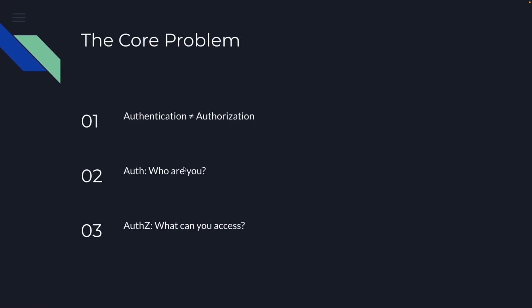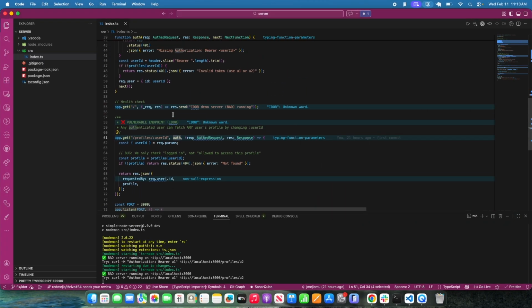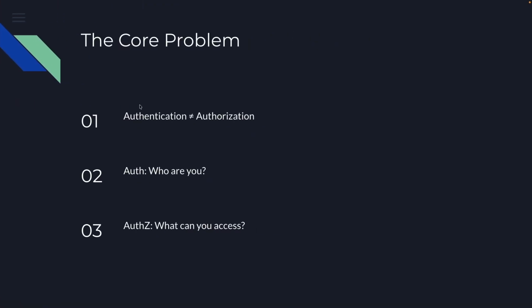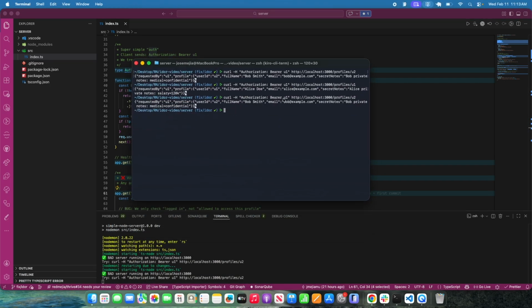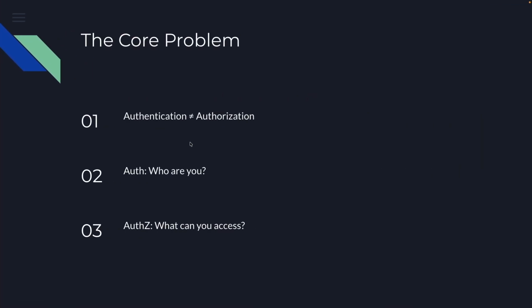Most apps authenticate correctly, with JSON Web Tokens or session tokens, but insecure direct object reference happens when we forget authorization at the object level. Just because I'm logged in doesn't mean I can access any record. As we can see in the example, anyone who is logged in can request any information, even from user two. We're going to fix that in a little bit.